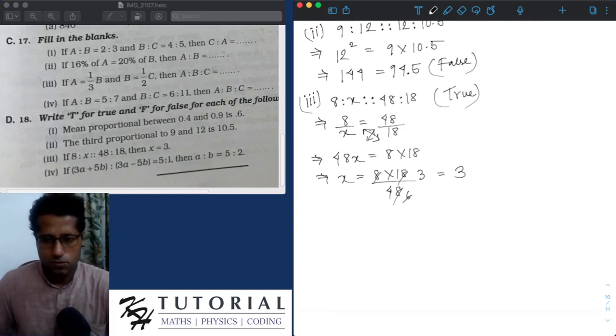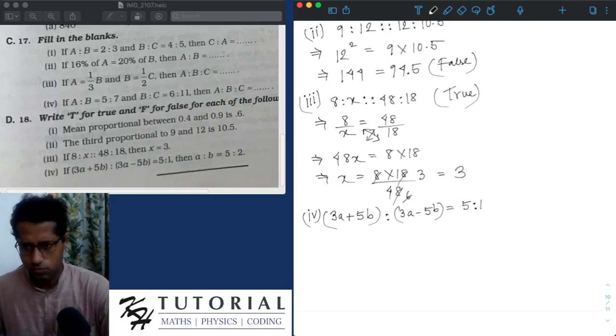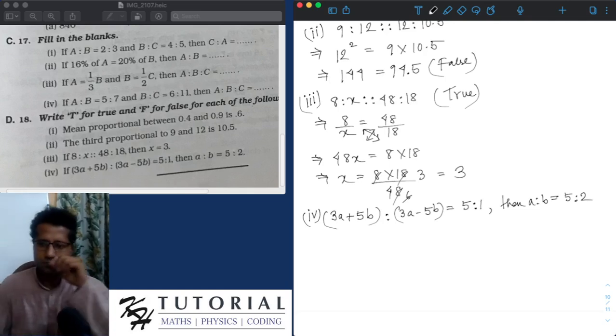Okay, so part 4 is, it is given that 3a plus 5b is to 3a minus 5b is equal to 5 is to 1. Then it is saying that a is to b equals 5 is to 2. We have to verify this.